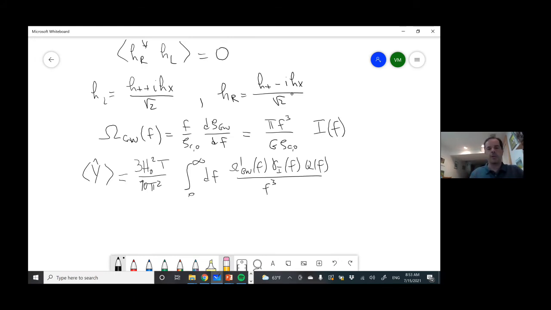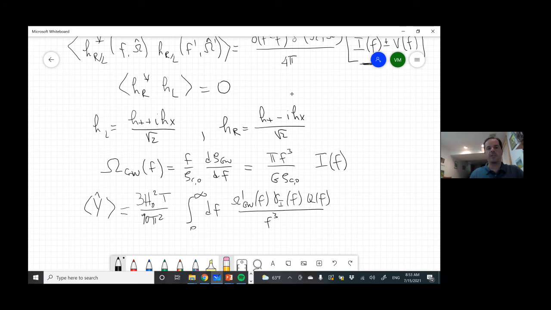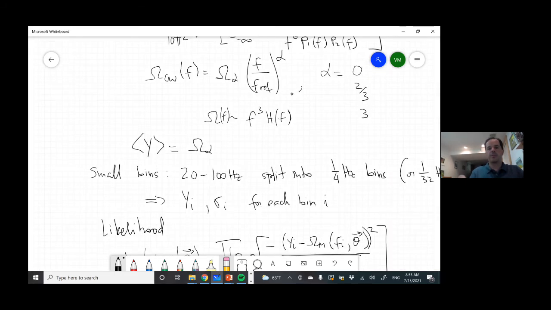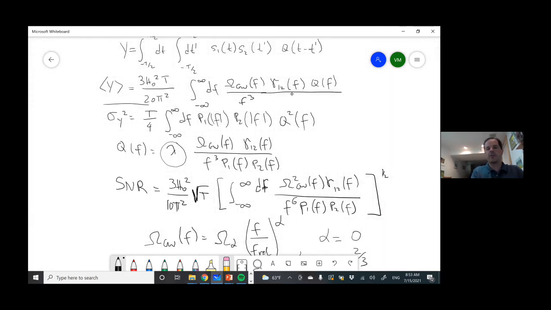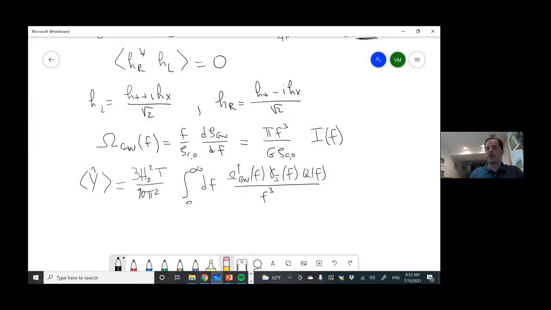Okay, so just to remind you from yesterday, this was the expression for the expected value of y, right? It has the energy density spectrum, the overlap reduction, and the filter divided by f cubed. That's exactly what we have here, with the only difference that there is an omega prime rather than omega GW. So what is omega prime?